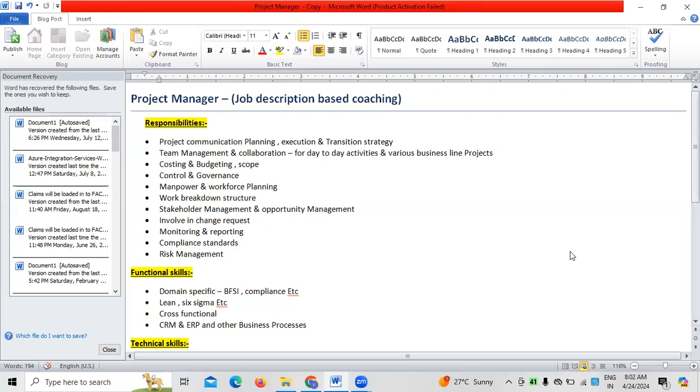The role of a project manager is not confined only to IT projects. Even in non-IT, we see most of the job opportunities in the context of the project manager.